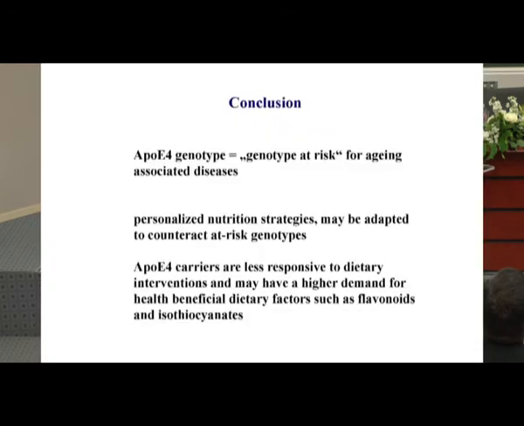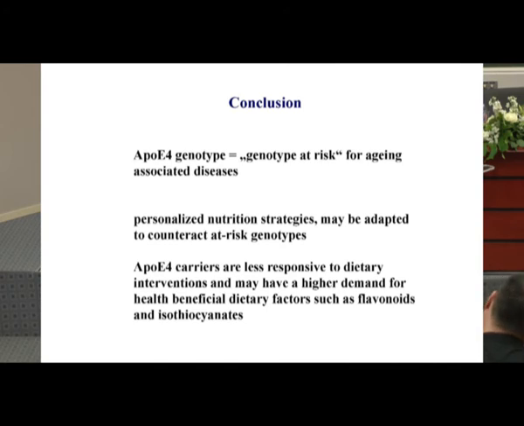So what we can basically say is that the ApoE4 genotype is the genotype at risk, and it is highly associated with aging-related diseases, including cardiovascular disease and Alzheimer's disease. Personalized nutrition strategies may or may not be adapted to counteract the genotype at risk.